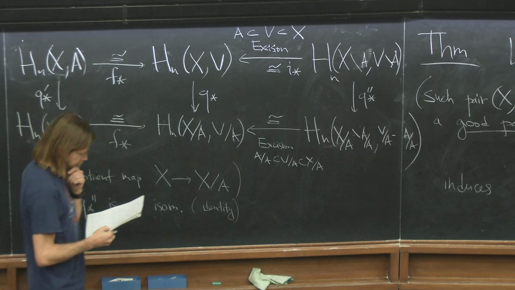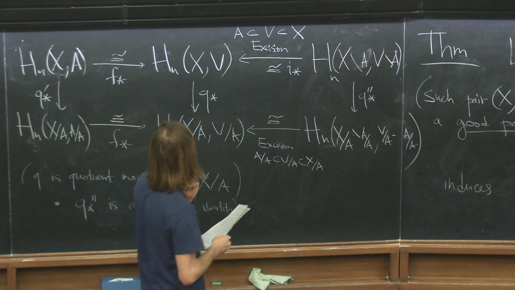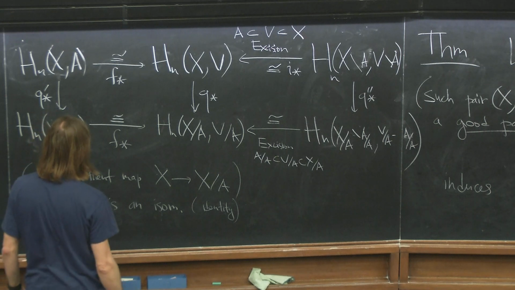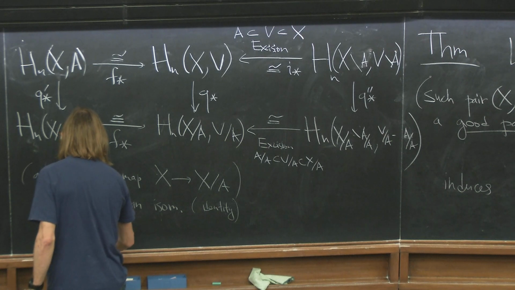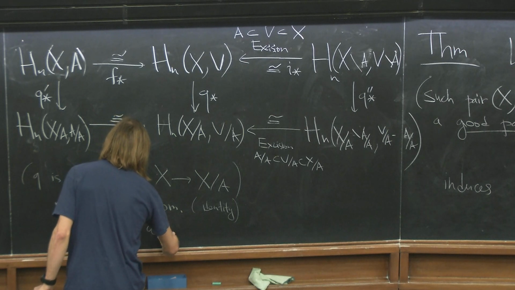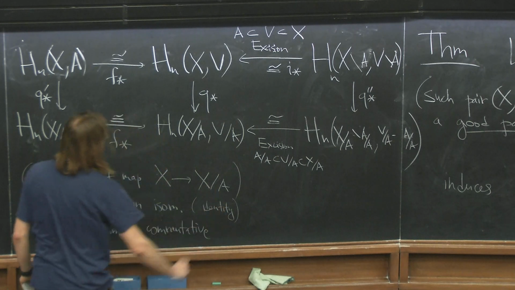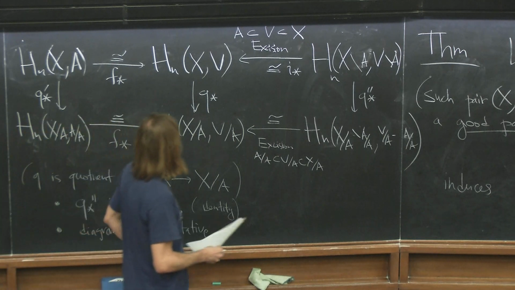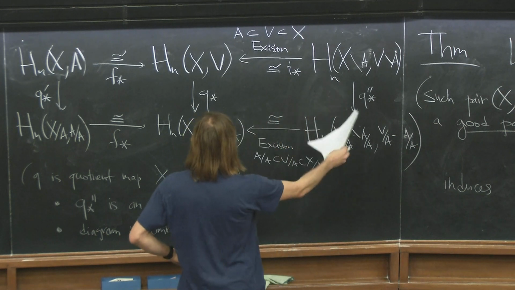Okay, and the second observation is that this diagram is commutative. Why is it commutative, for example, here?